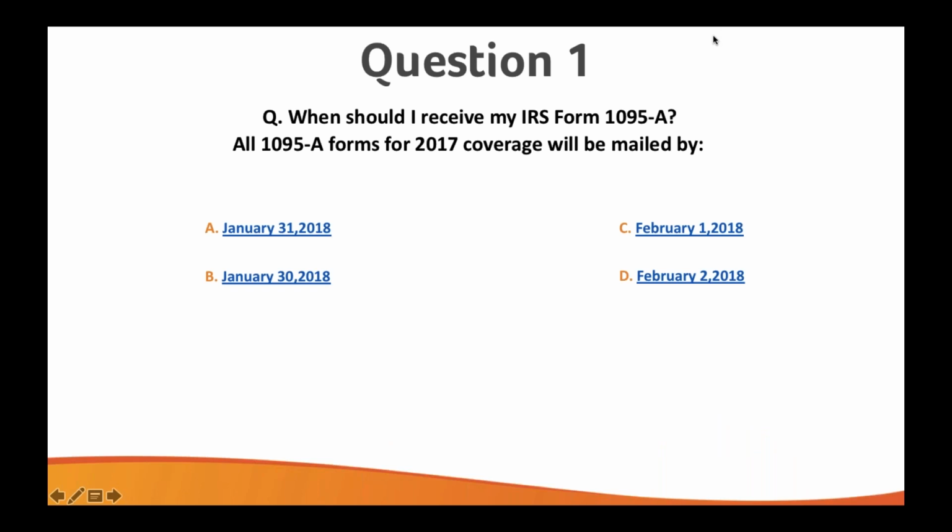So when should I receive my IRS Form 1095-A? All 1095-A forms for 2017 coverage will be mailed by A, January 31st, 2018, B, January 30th, 2018, C, February 1st, 2018, or D, February 2nd, 2018. So if you want to type in your answers into the chat box, we'll just click on the one that gets the most answers.